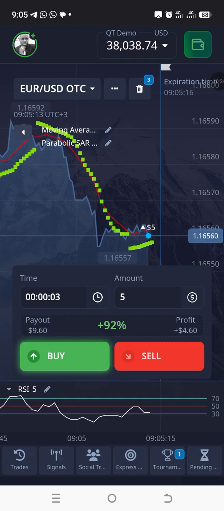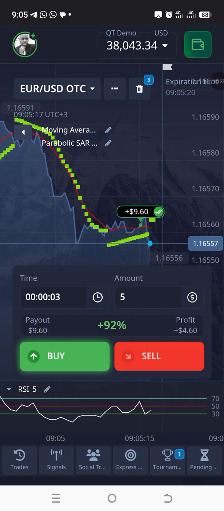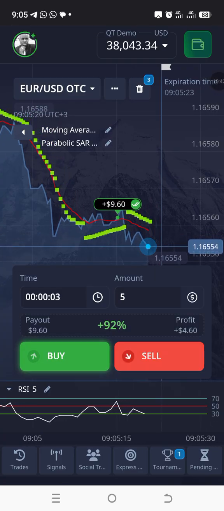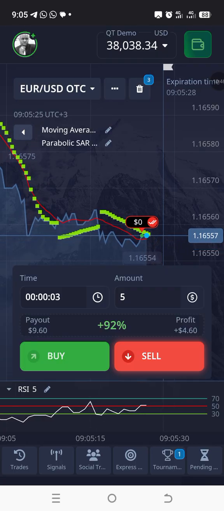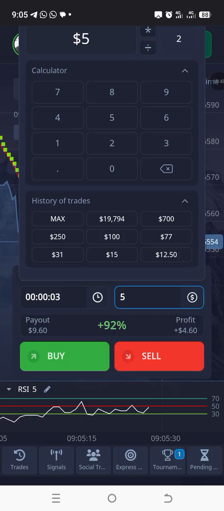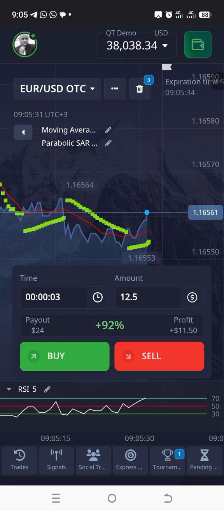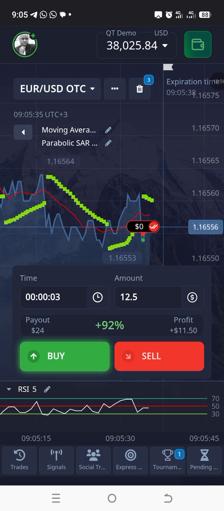It's going up, you win. That one you don't change. It's going down, you lose. You increase the martingale to 12.5. It's going up, you lose.